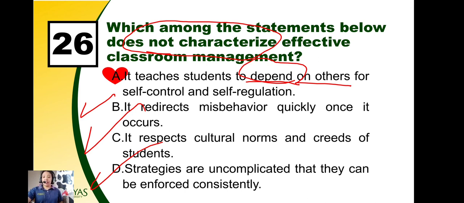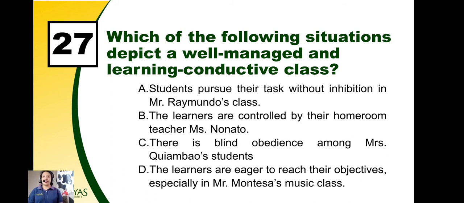Okay, let's go to number 27. Which of the following situation depicts a well-managed and learning conducive class? Letter A. Students pursue their task without inhibition in Mr. Raymond class.